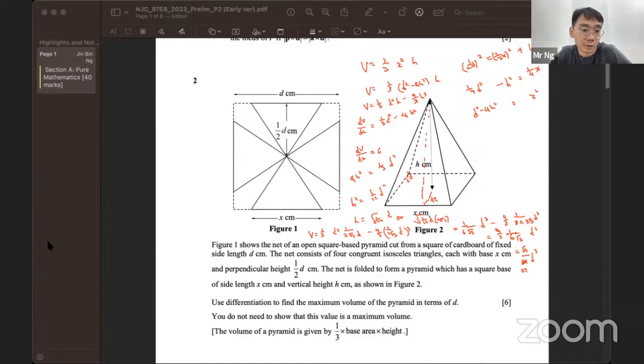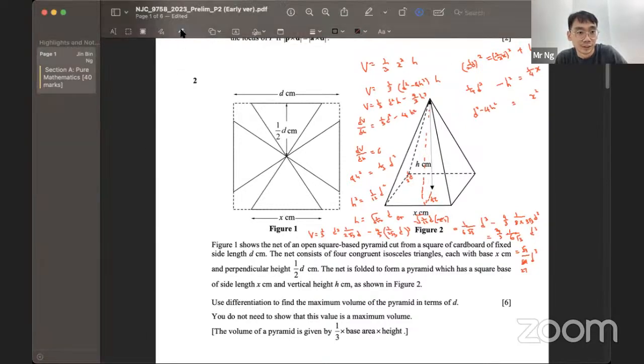Okay, let me clear this. So that's the downside of this thing. It's very difficult to use this annotation tool. It's not very user friendly. Keep on dragging, I cannot write smoothly. The red color marking is using the Zoom annotation tool, so I always need to clear after writing a while.